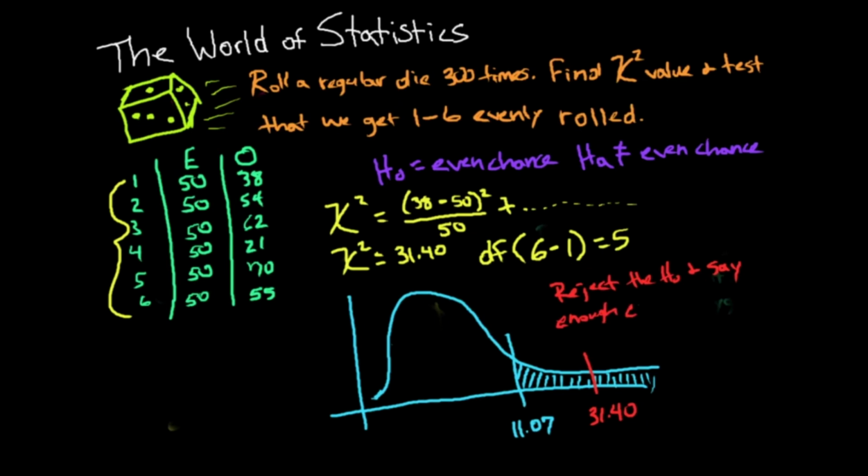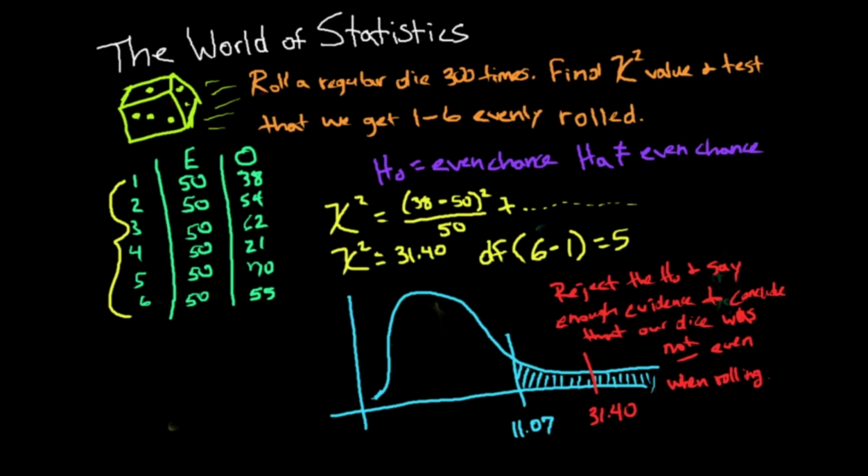So there is enough evidence to conclude that our dice was not even when rolling, or something like that.